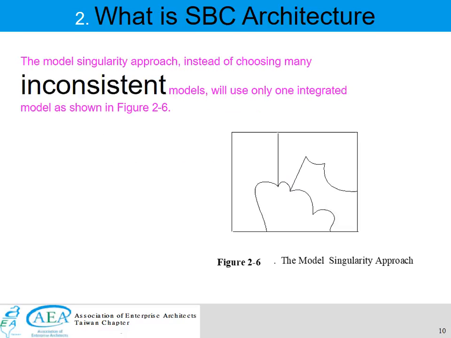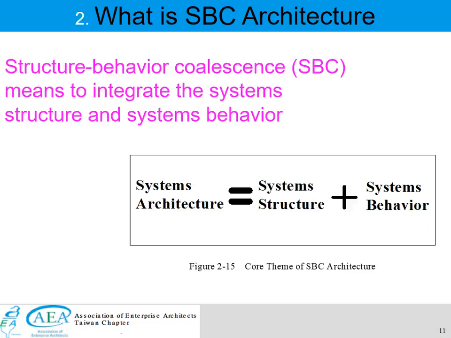On the other hand, we will use the model singularity approach. Instead of choosing many inconsistent models, this approach will use only one integrated model, as shown in Figure 2-6. Structural Behavior Coalescence, SBC, means to integrate the system structure and system behavior.